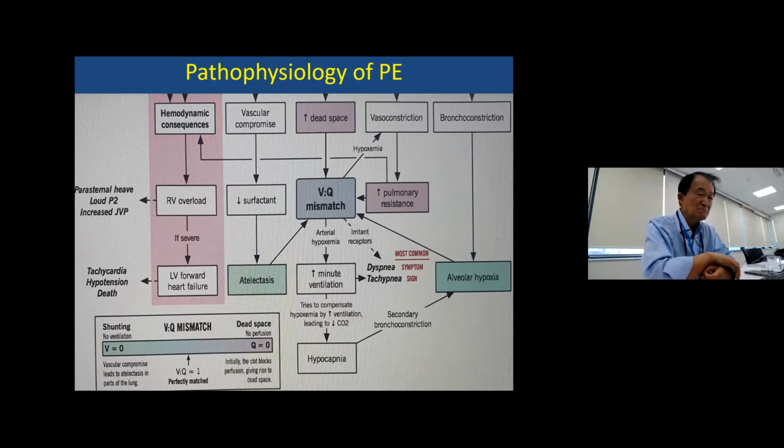And sometimes I make overcalling for patients who were on the internist service. Internists like to give a drug, heparin, but I often make undercalling for patients from surgery.